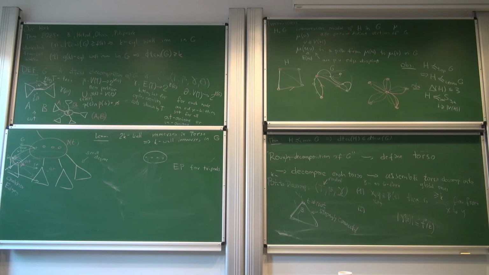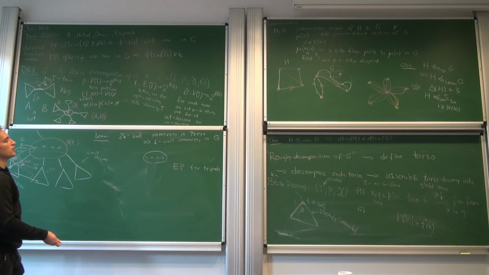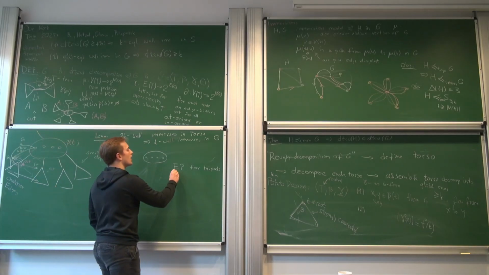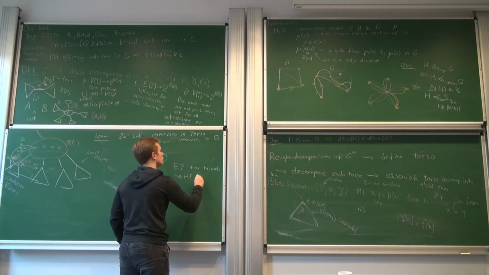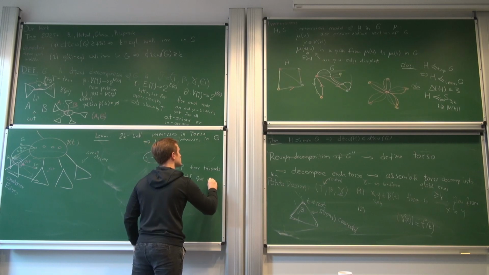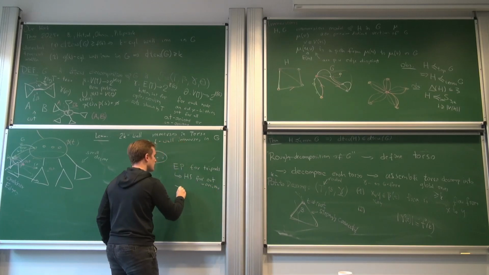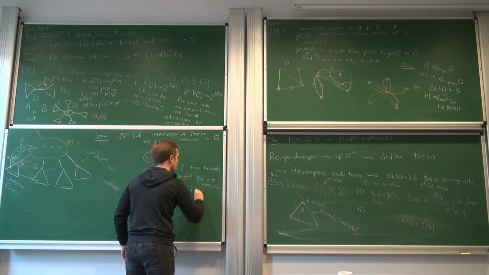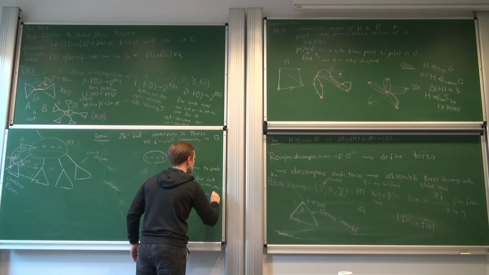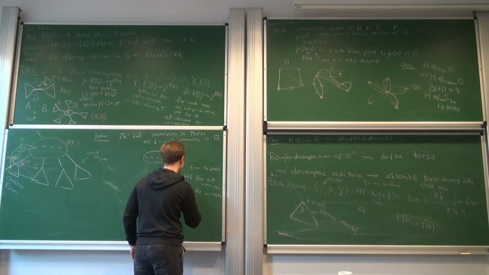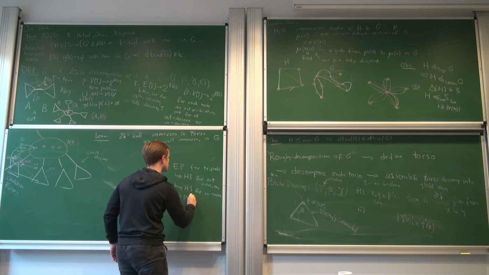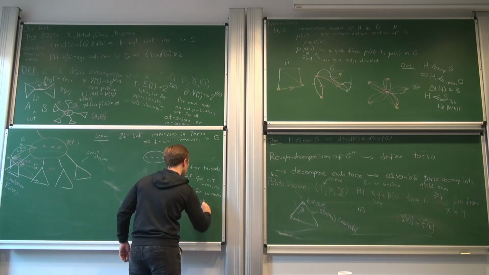So either I have a large edge-disjoint packing of them, or I have a small edge hitting set for them. So there are three cases. I have a hitting set for out onions, I have a hitting set for in onions, or packing of both.